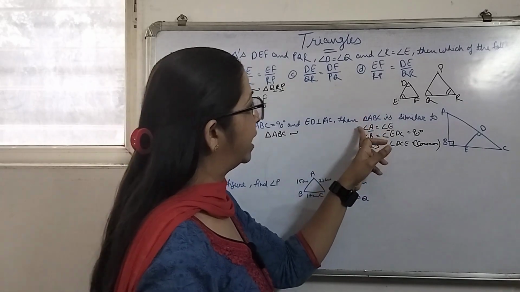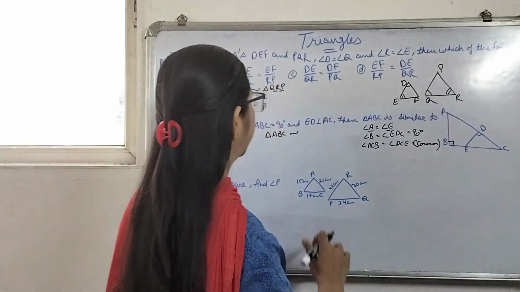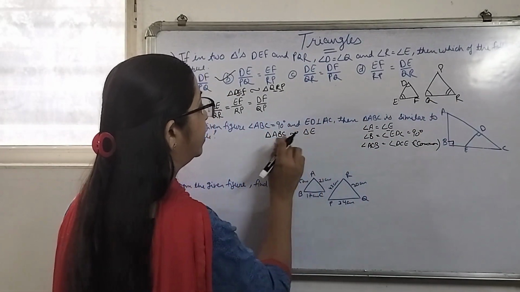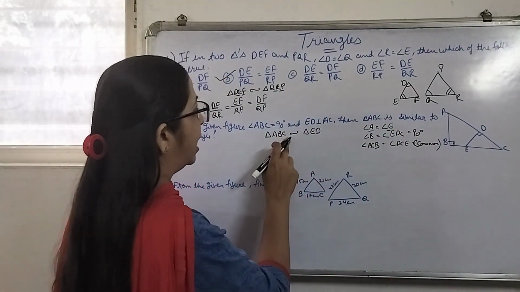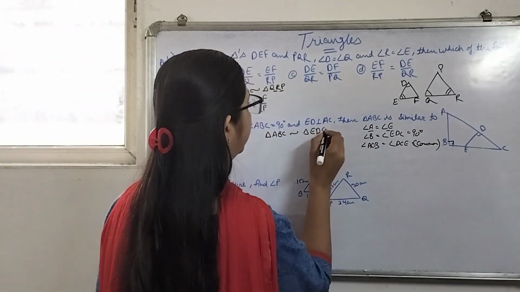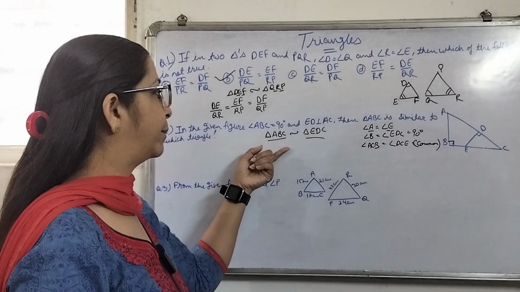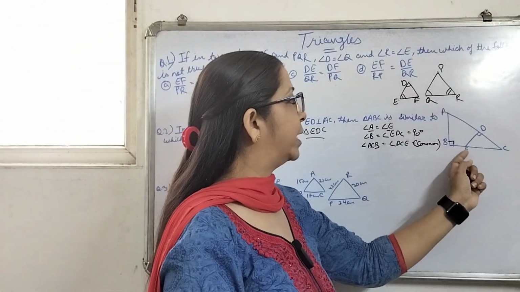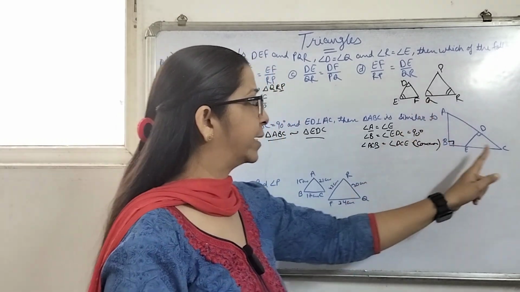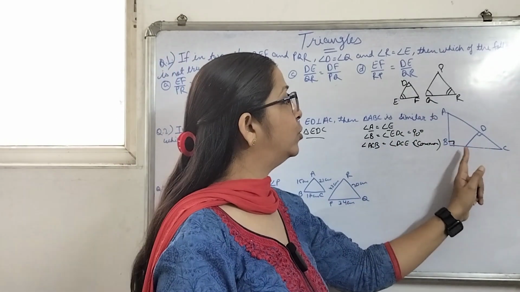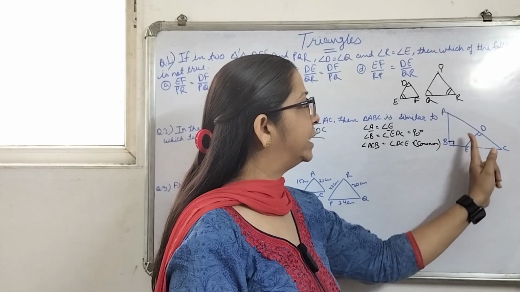That simply means A corresponds to E, so it will be E. B, which is 90 degree, corresponds to D, so D will come here, and C is common, so it will be C. That simply means triangle ABC will be similar to triangle EDC, because angle B of triangle ABC is equivalent to angle D of triangle EDC.